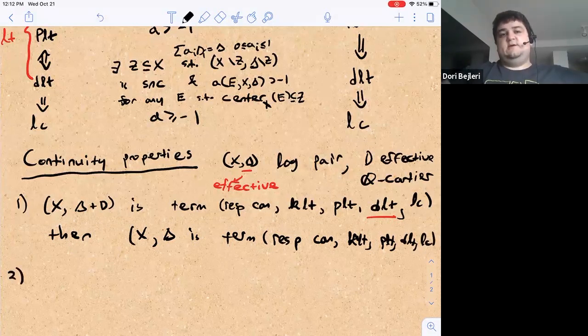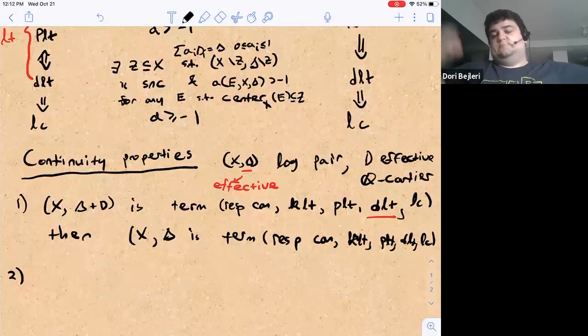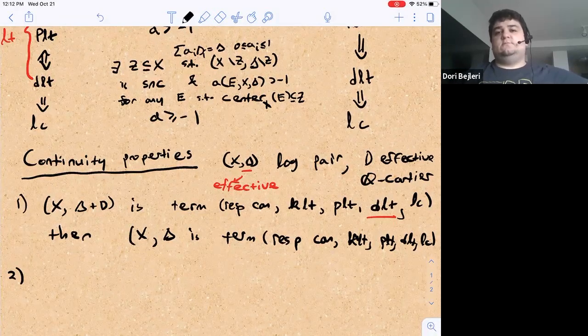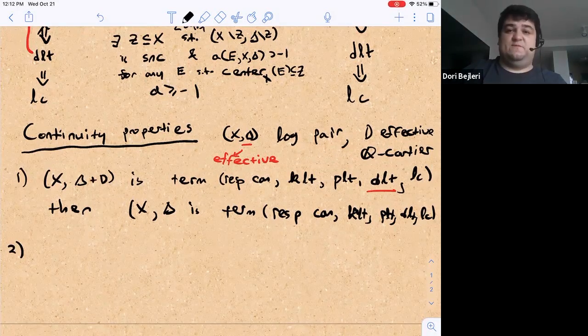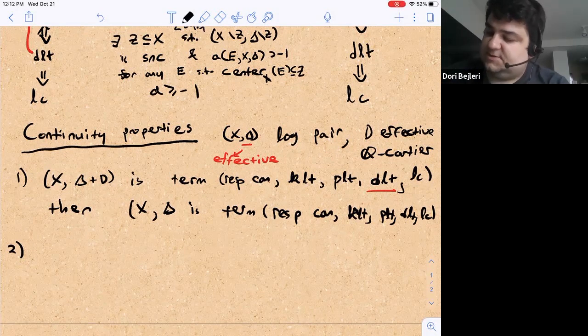So this says that if you subtract something, then the singularities can't get worse. That's essentially what it's saying. Which just comes from this lemma from 2 classes ago that I didn't prove. I left as an exercise that when you add an effective divisor, the discrepancies get smaller. So when you remove an effective divisor, the discrepancies get better.